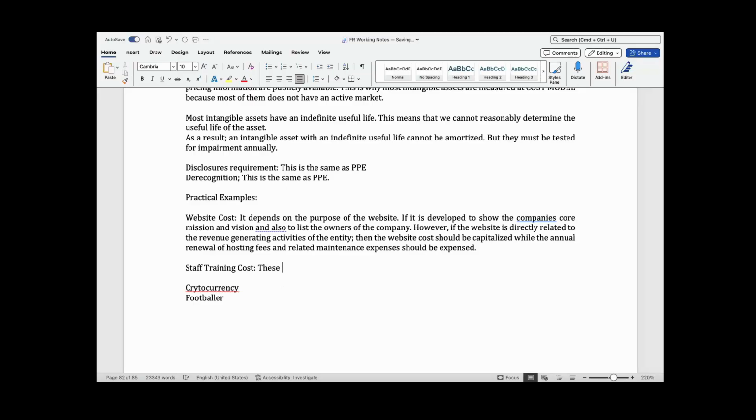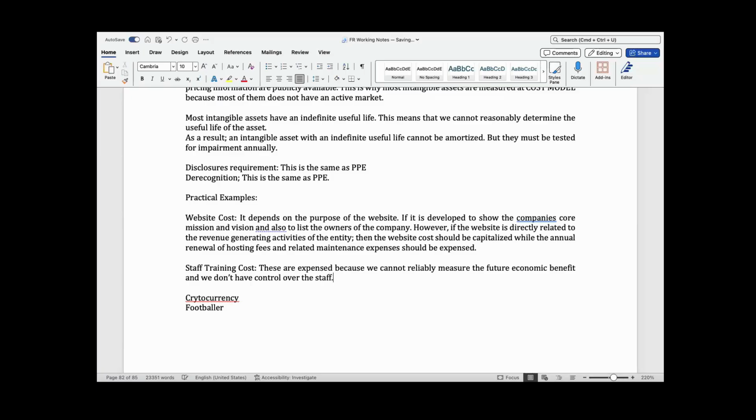Okay. So these are expensed to P&L. We don't add it as part of an intangible asset, that now they have a skill, so it's our asset. No, it's not your asset. They are expensed because we cannot reliably measure the future economic benefits, and we don't have control over the staff.